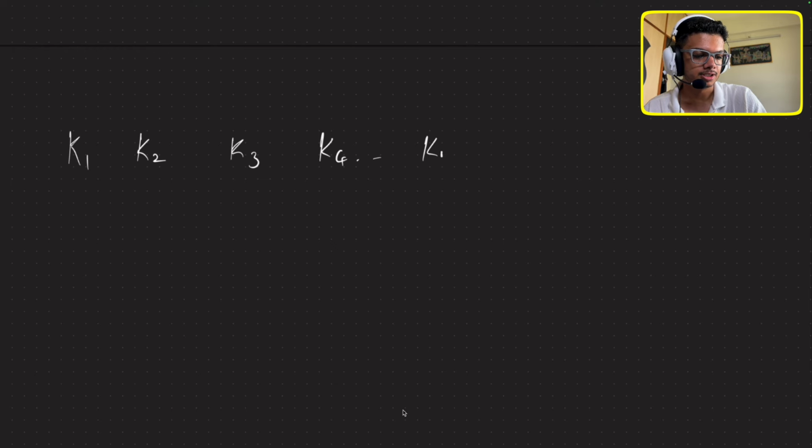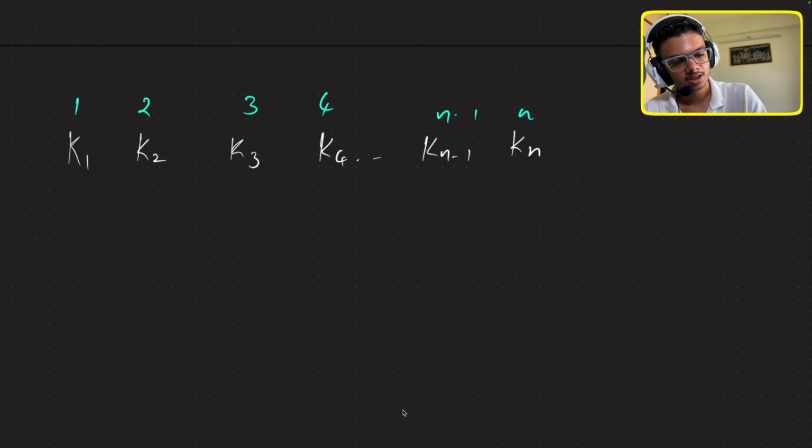Let's see how we can approach this. Now we know that we are given some song IDs here, like K1, K2, K3, K4, and so on, Kn minus 1 and Kn. These are the indices as well. Let's just call it 1, 2, 3, 4, n minus 1 and n. If someone asks you what is the longest subarray ending at index 4 with unique elements, how are you going to approach it?